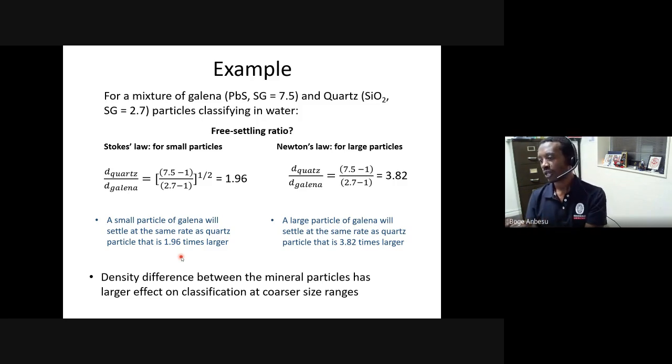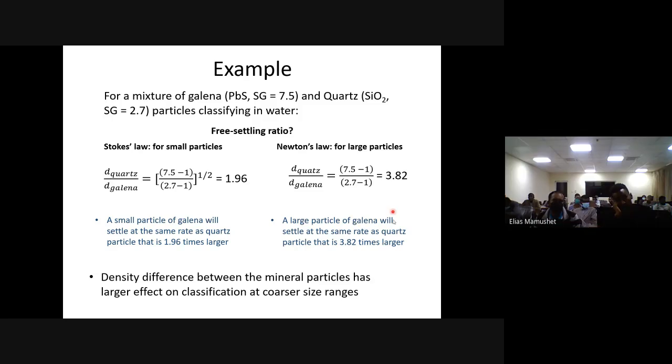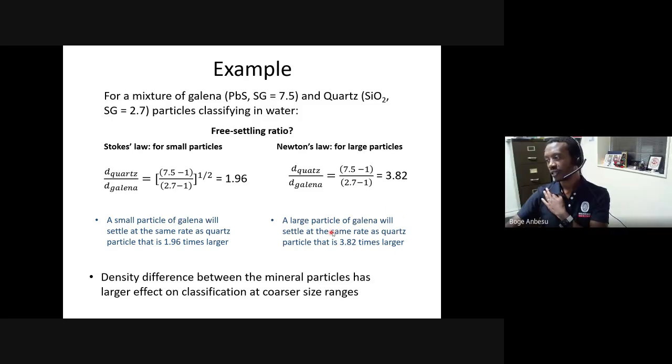Okay, how about if I was actually dealing with larger particles? Say I'm dealing with 5 millimeter particles. In that case, most likely, maybe the Newton's law applies. But in that case, the galena and the quartz need to be about 4 times different in size for them to fall at the same rate.